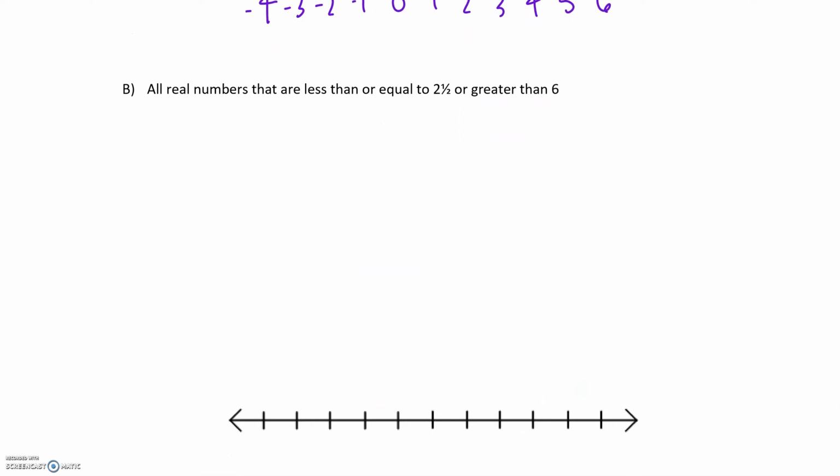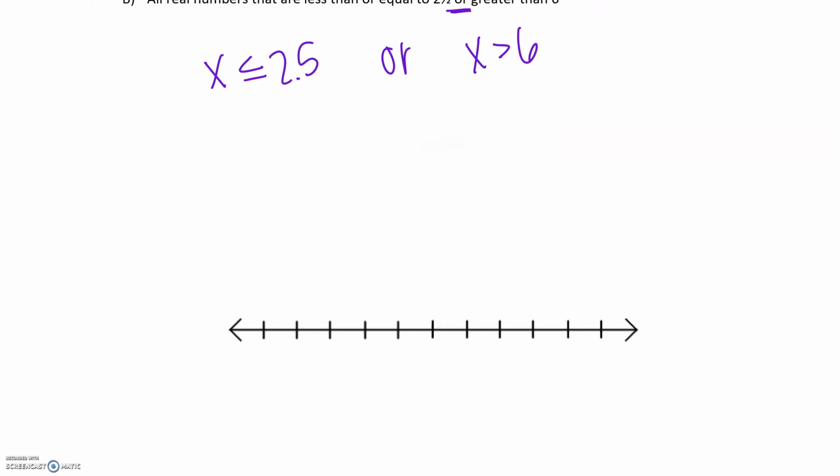Okay. Our next one, we have all real numbers that are less than or equal to 2.5 or greater than 6. So we have x is less than or equal to 2.5, or x is greater than 6. So if we have -3, -2, -1, 0, 1, 2, 3, 4, 5, 6, 7.